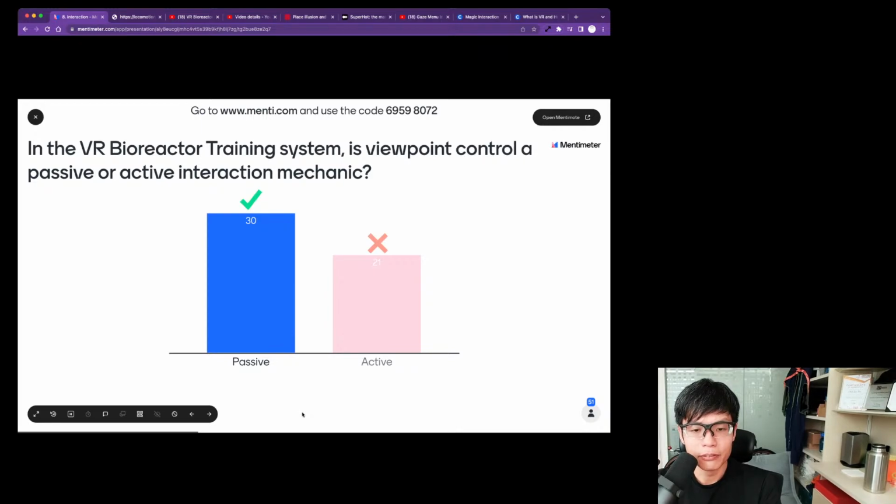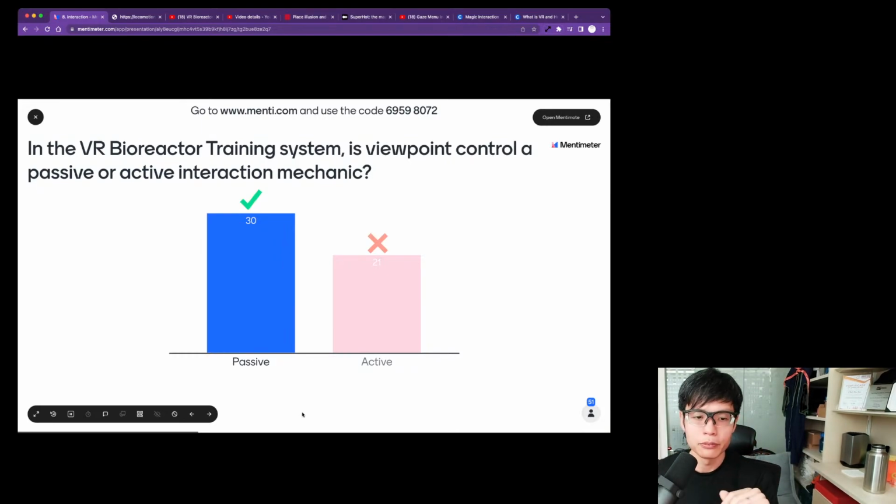Active means you create a mechanism, like picking up an object, for the user to consciously and deliberately use to achieve some goal.